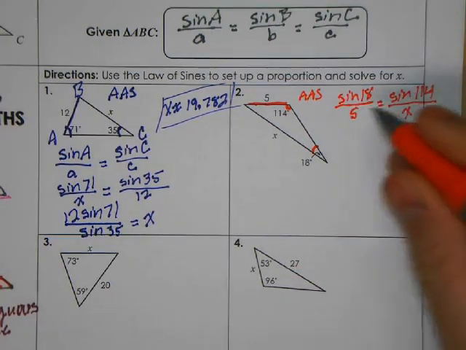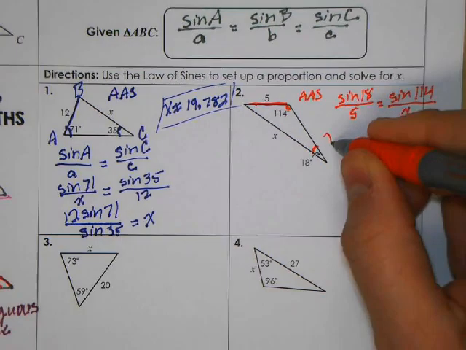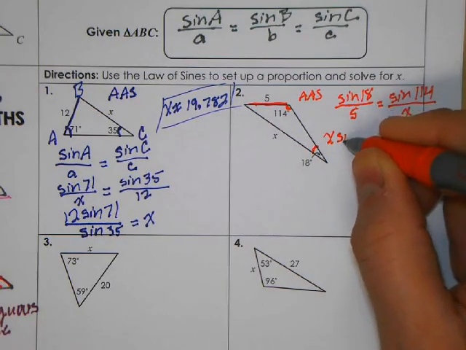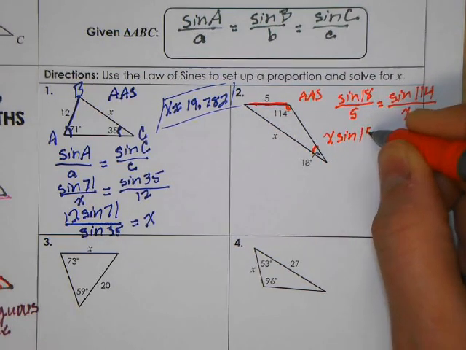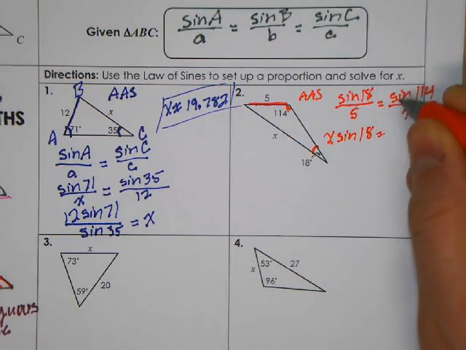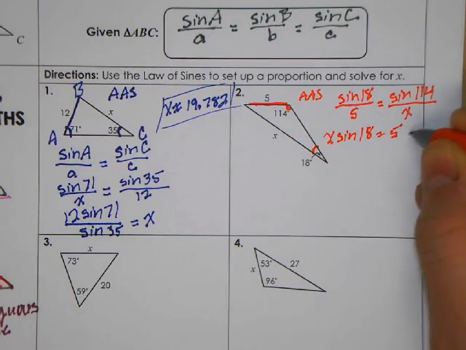We're going to say x times the sine of 18 will be equal to 5 times the sine of 114.